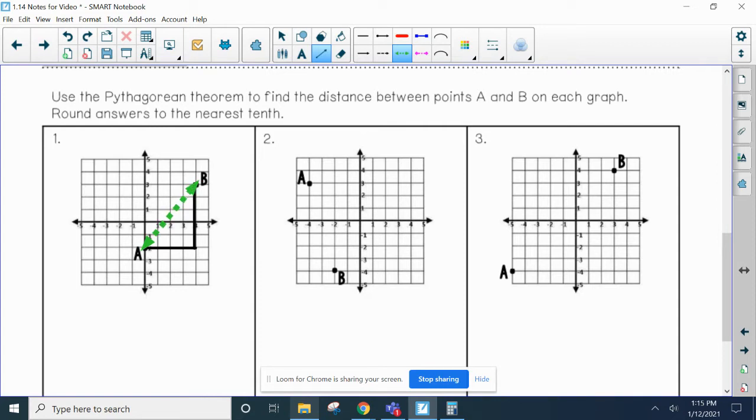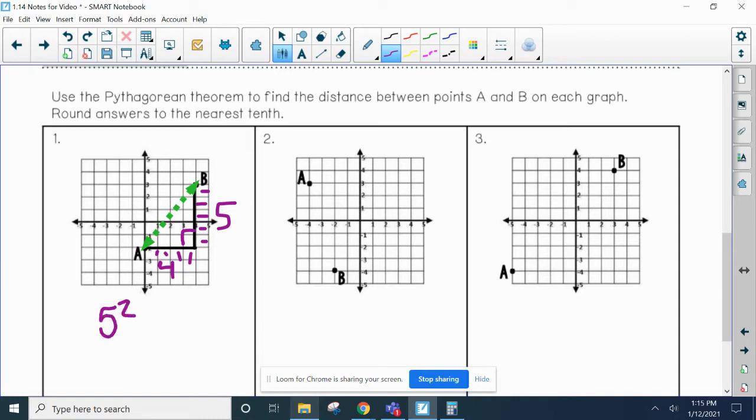Now that we have our right triangle, because we know the coordinate plane forms our sides, we're going to count 1, 2, 3, 4, 5, and then 1, 2, 3, 4. So our two sides that form that right angle are 5 units and 4 units.